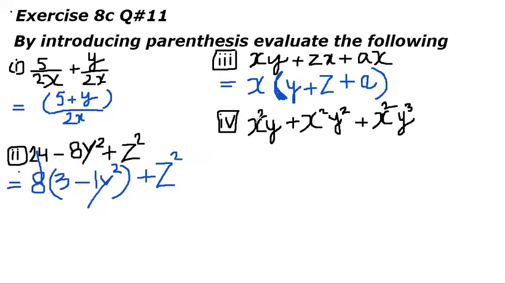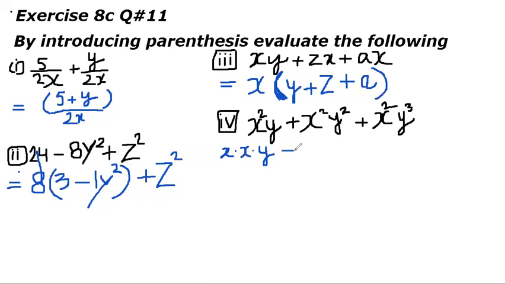First I will tell you that x square y means x multiplied by x multiplied by y. This dot means multiply; I'm not putting the sign of multiplication, I'm putting a dot, and dot means multiplication.